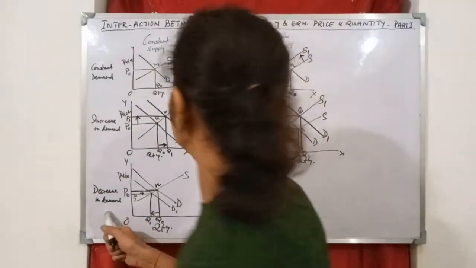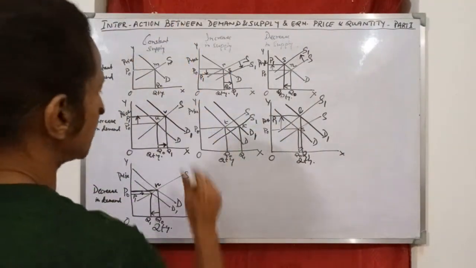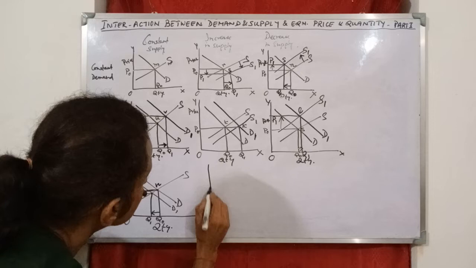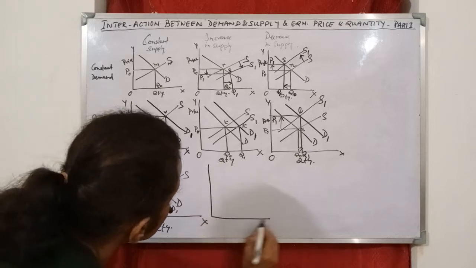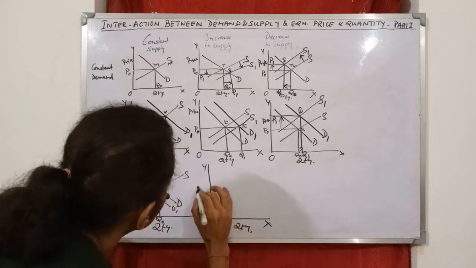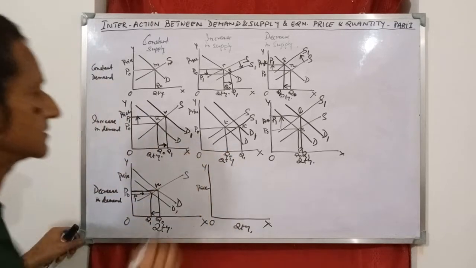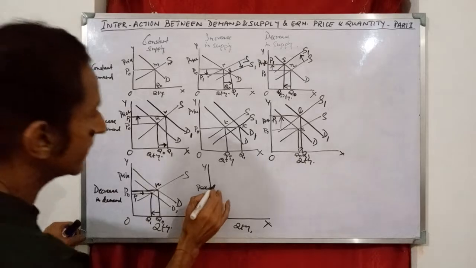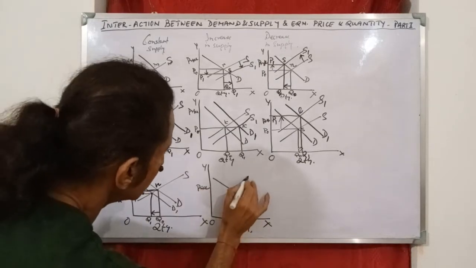Now, decrease in demand and increase in supply. On the x-axis we measure quantity and on the y-axis we measure price. Again start from the equilibrium position.